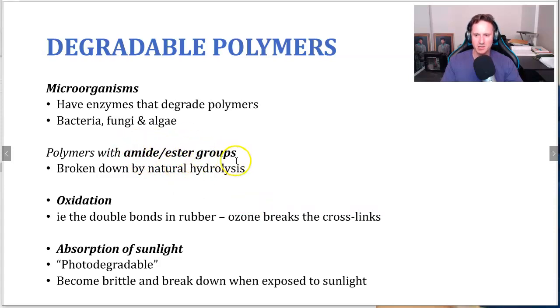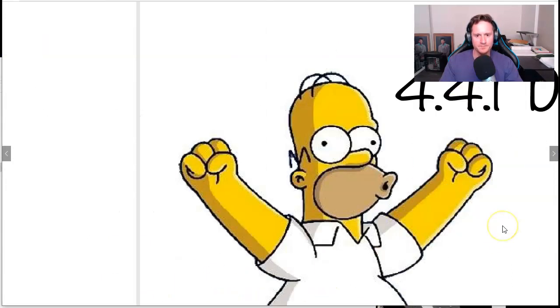So hydrolysis reactions, which is where water comes in, will degrade them over time. So these actually break down better. Oxidation, i.e. the double bonds in rubber, ozone breaks the crosslinks. So if we've got the ozone chemical, we've got some oxidation that can happen. Also, absorption of sunlight, photodegradable, it means the natural sunlight will break down that polymer.